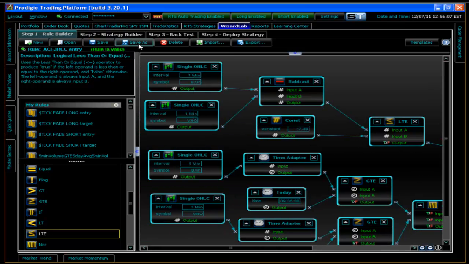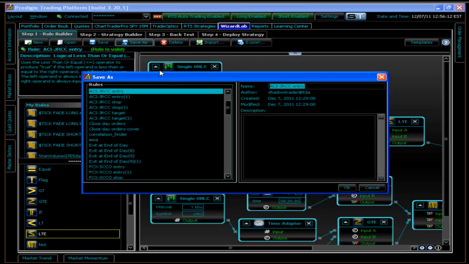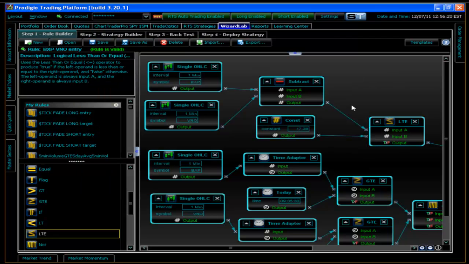I want to go save as, and this rule is going to be called BXP VNO entry. That's it, BXP VNO entry, and I want to save it. Because my strategy automatically is set up to be less than or equal to here, do you realize that I can now create the rule for the stop using the same thing by just changing the constant?